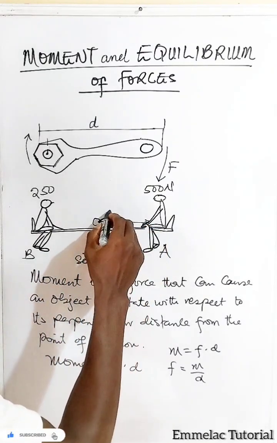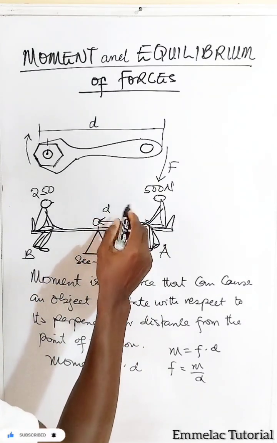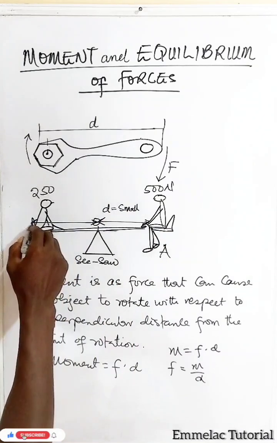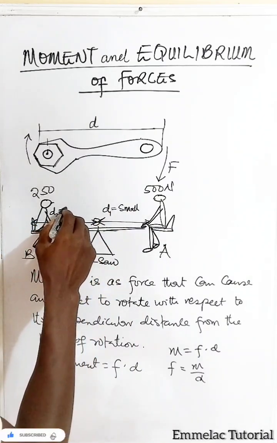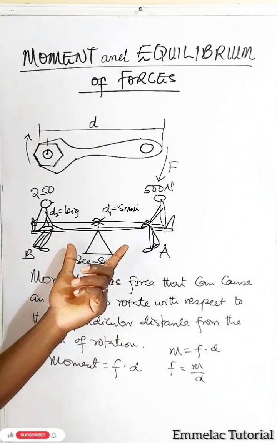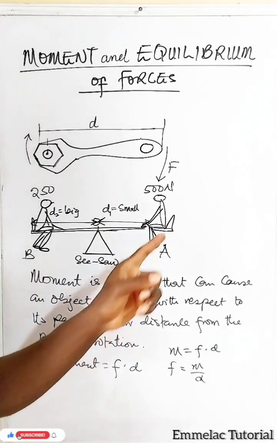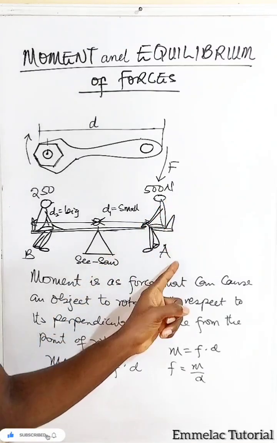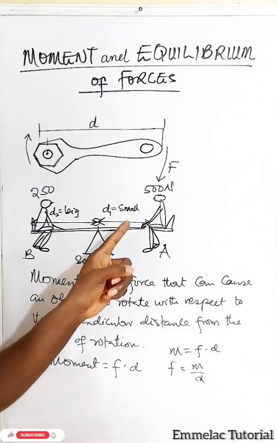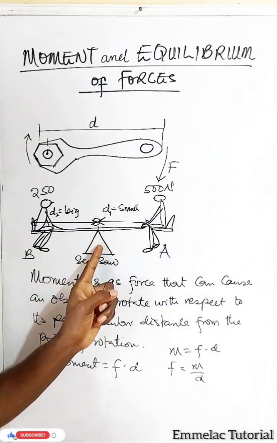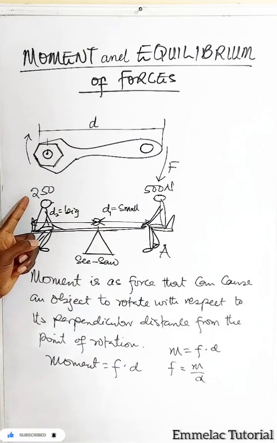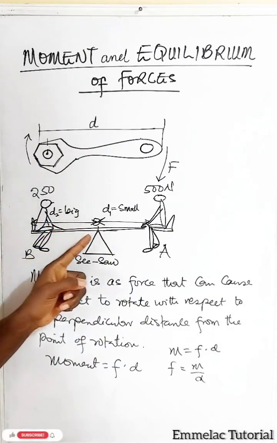Let us call this distance d1, then this d2 will be big. So for this seesaw to be balanced, the guy with a weight of 500 newtons will have a small distance from this pivot, in relation to the guy of 250 having a bigger distance from the pivot.